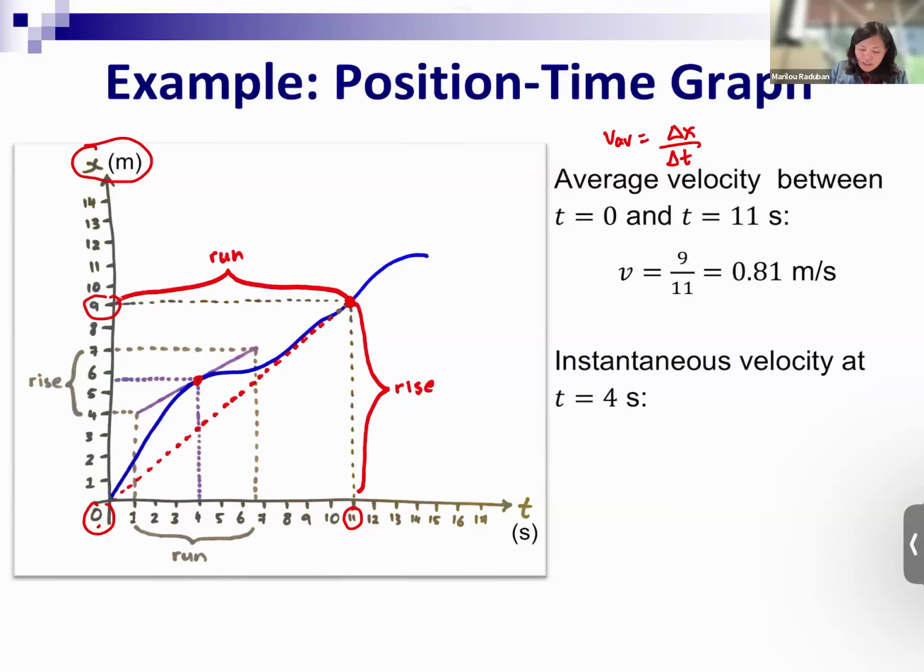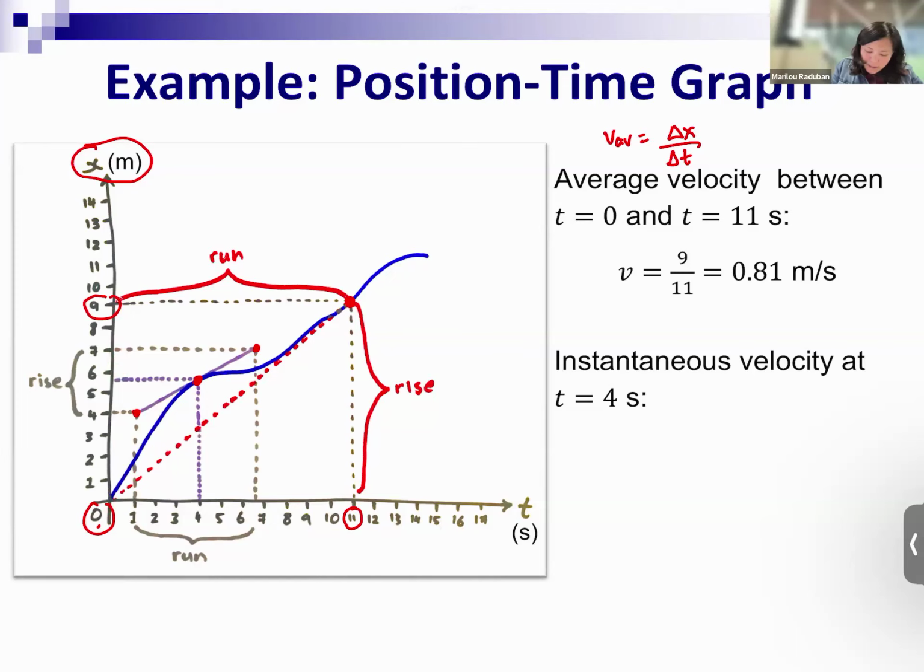For instantaneous velocity at 4 seconds, the motion graph is curved. You can see from this blue line here. Therefore, you need to draw a tangent line. Here you can see the demonstration. It doesn't matter how long or short your tangent line is, but a smart choice will be to draw it long or short enough so that you have 2 endpoints that coincide with somewhere that's easy to read along your X and Y axes.